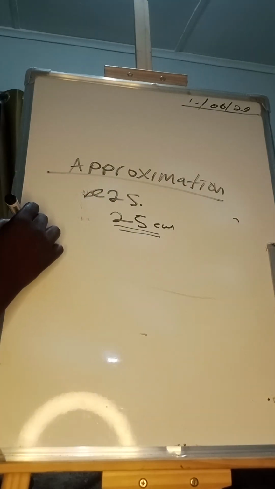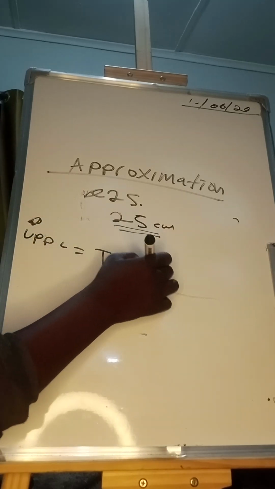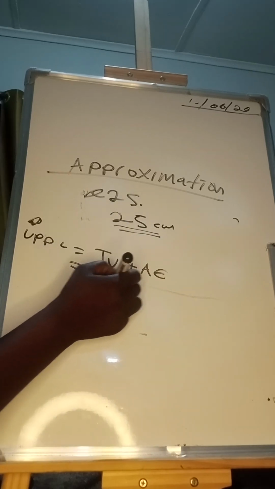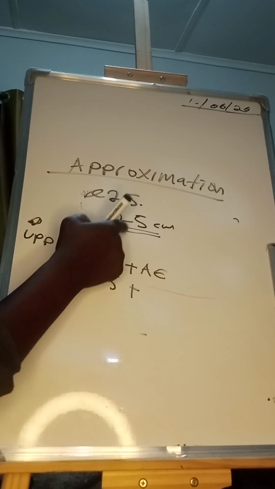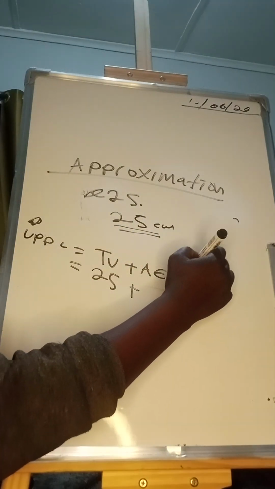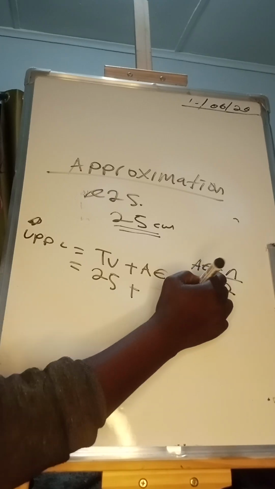And you know that upper limit is equal to true value plus absolute error. The true value is what you are given. The absolute error, you only have one number, so you can't use that formula. So this is where you say absolute error is equal to n divided by 2.